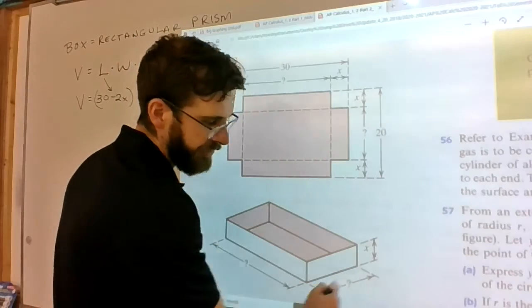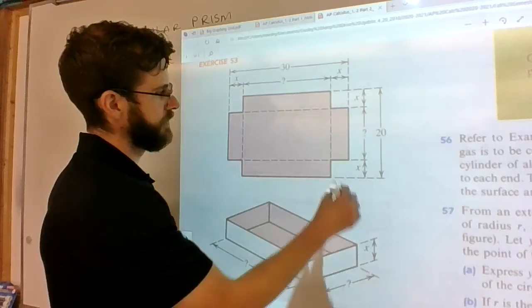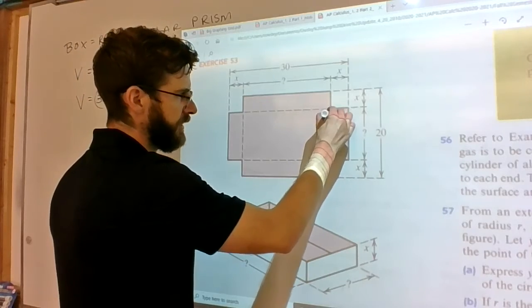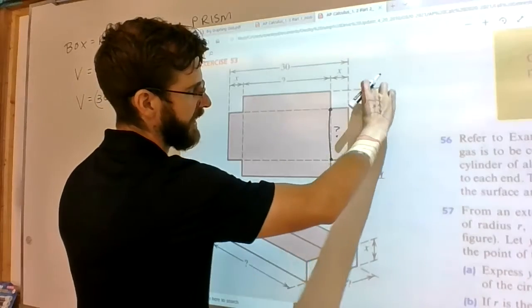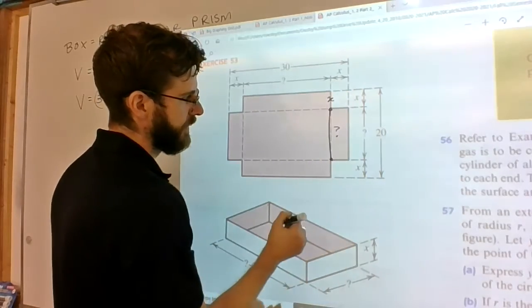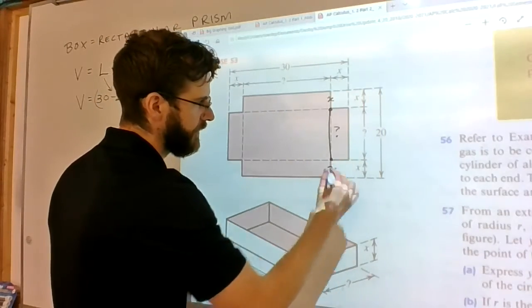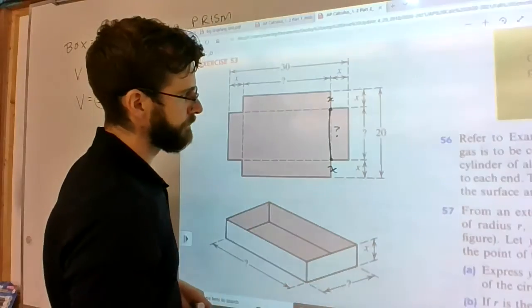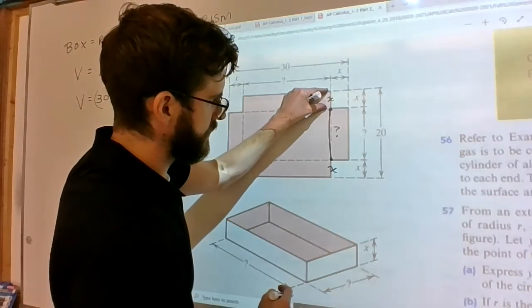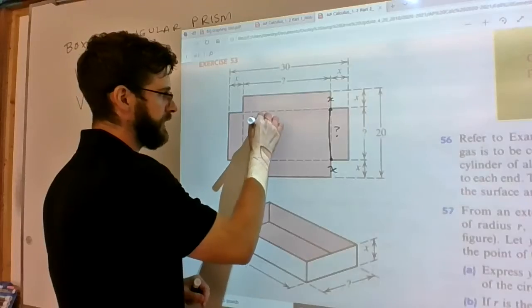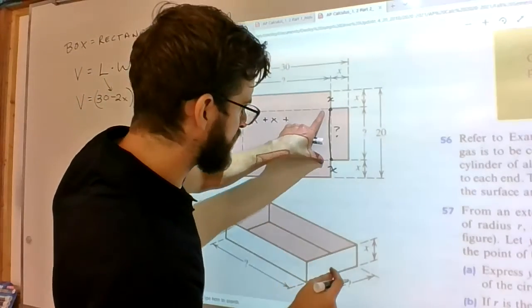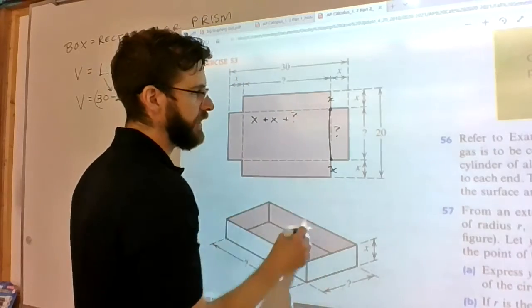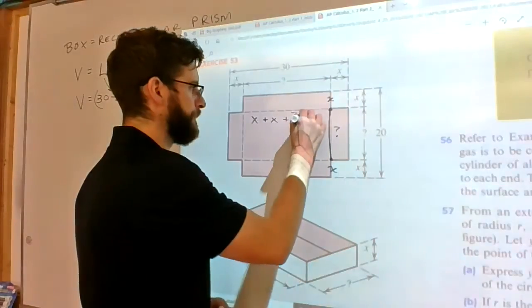Let's do the same thing for this width. From here to here, it's the question mark. It's got x units there and x units here. The whole thing is 20. So x plus x plus the question mark equals 20.